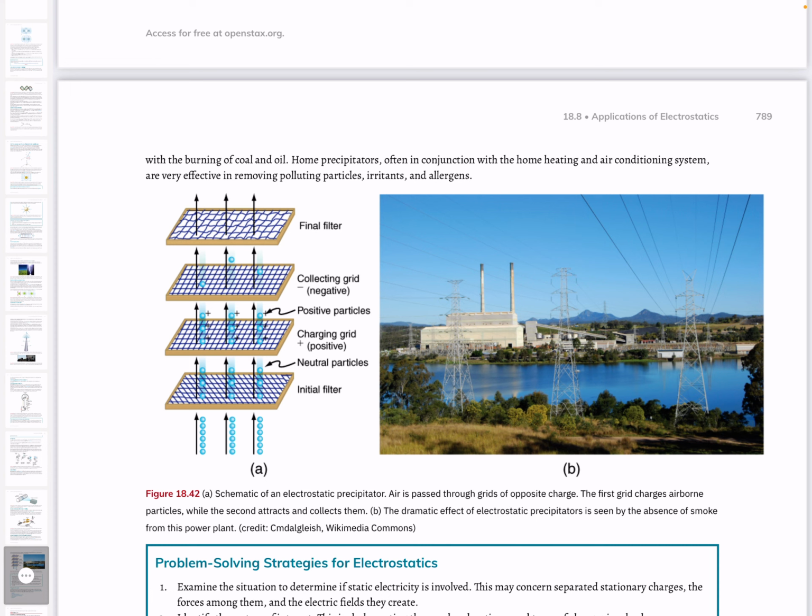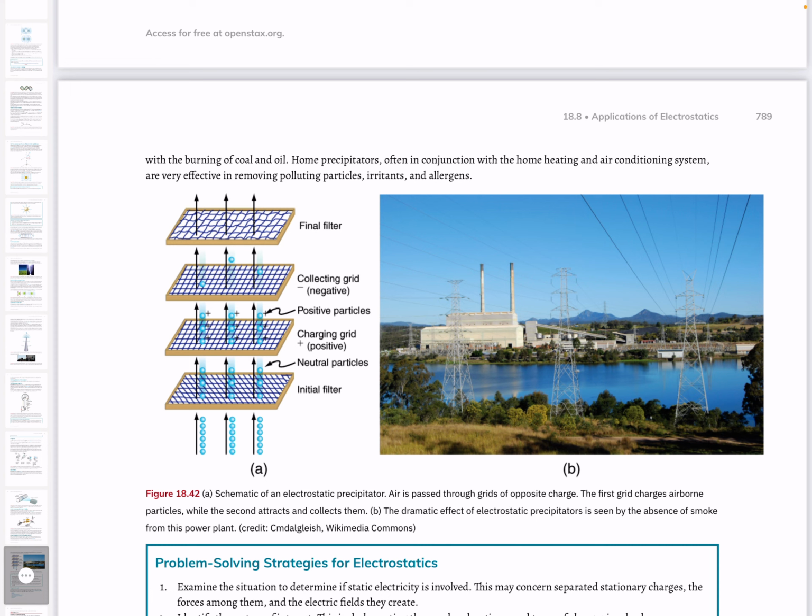So incoming, you can see on the left, here's A. At the very bottom, we have this incoming exhaust from our fire, smoke. That incoming smoke has a bunch of junk in it. And so then it goes into a filter, just a regular old filter.